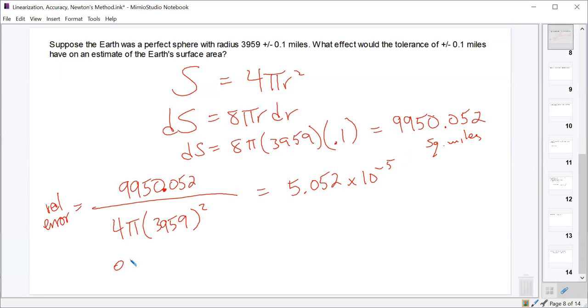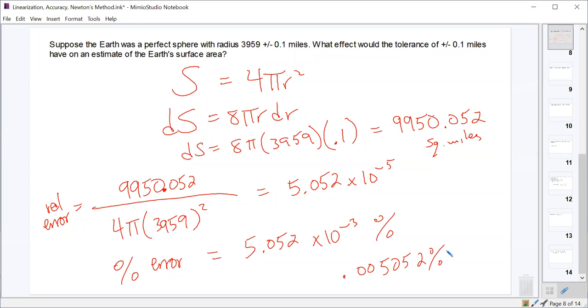Okay, and what if I asked you for the percent error? That would be 5.052 times 10 to the negative 3rd percent. Easy enough. Or we could say 0.005052%.